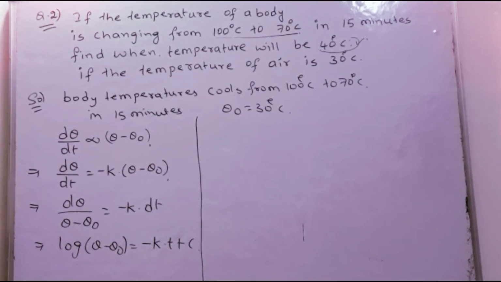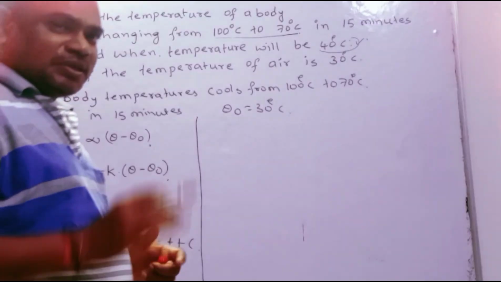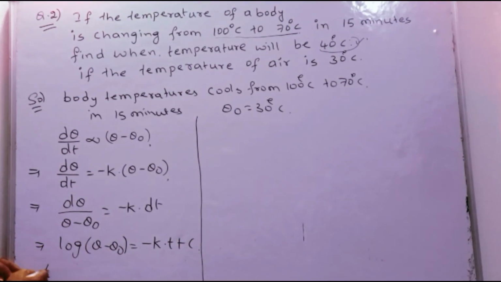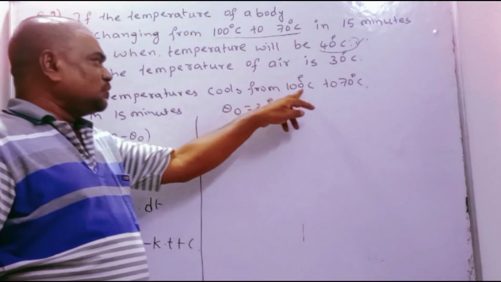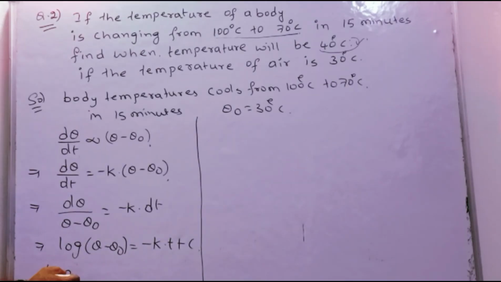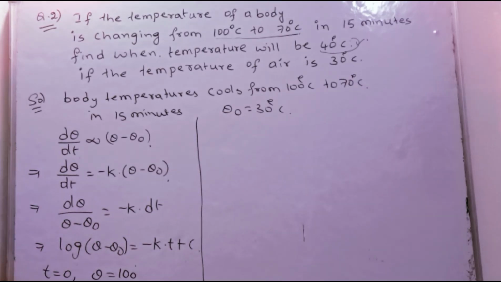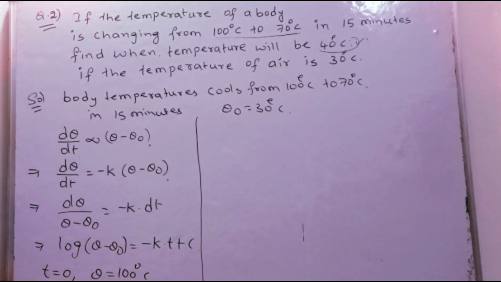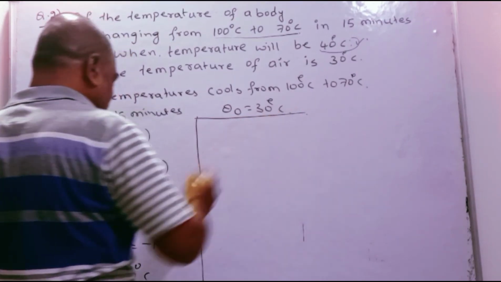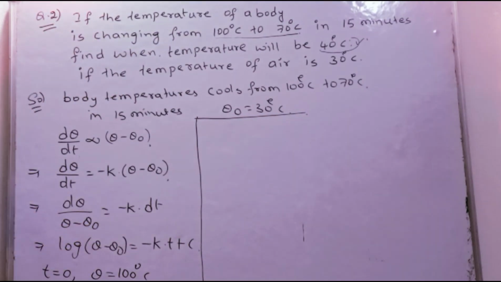Then here, initial condition: when t equal to 0, what is the temperature? It cools from 100 degrees to 70 degrees, so θ equals 100 degrees centigrade. By applying these two conditions, we have to find the c value.